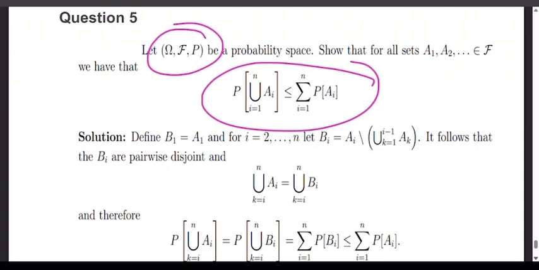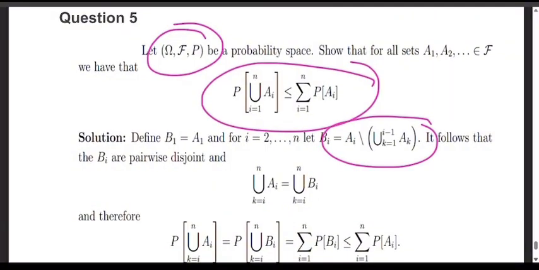Okay, now this is a proof right here. You can define B1 to be A1, and for i from 1 to n, you're going to see that all the Bi are going to be pairwise disjoint. And if we write that equal to that, automatically we expect that the probability of the union of A1 up to An is going to be equal to the probability of the union of the Bi.